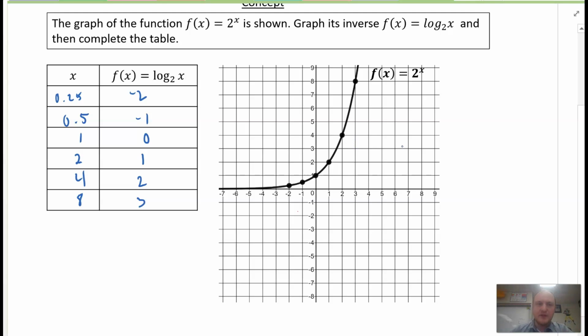So here is a logarithmic function, and what I'm going to do now is plot these values. 0.25, -2 is roughly here. 0.5, -1; 1, 0; 2, 1; 4, 2; and 8, 3. So here is a logarithmic function.